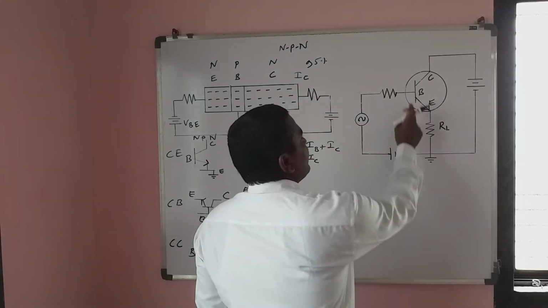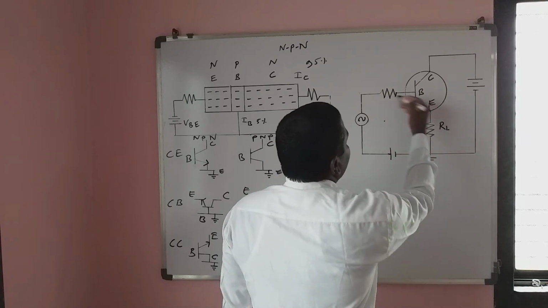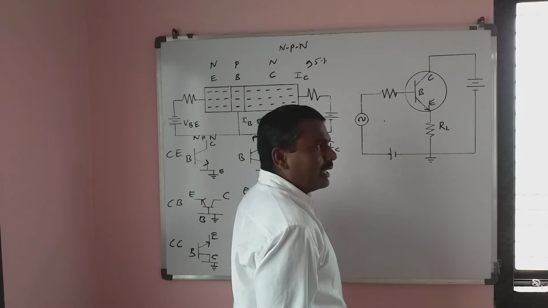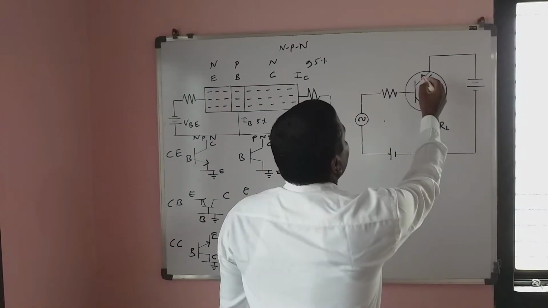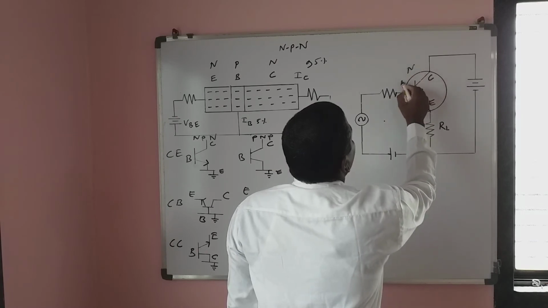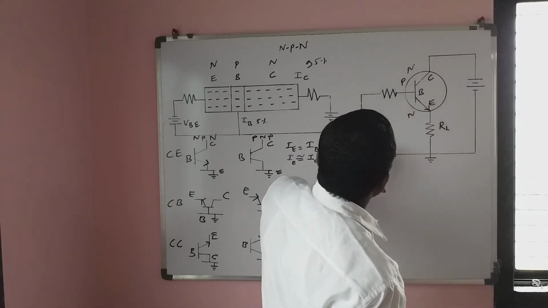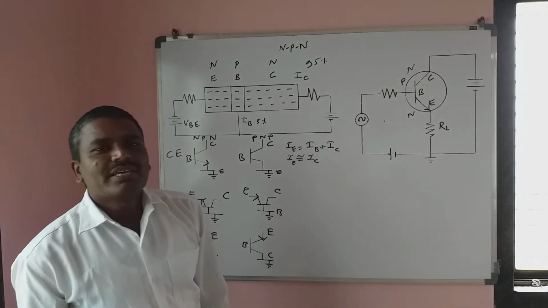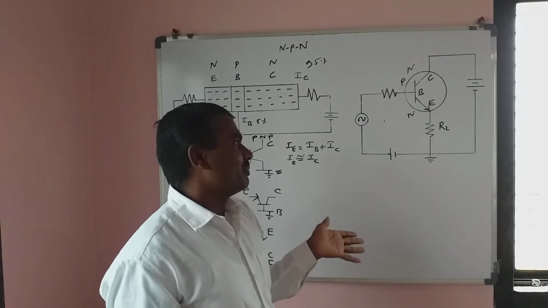The base-emitter junction is always forward biased, and the other is reverse biased. We know this is an NPN transistor. It is forward bias when positive is connected to positive and negative to negative, and when opposite terminals are connected it is reverse bias.